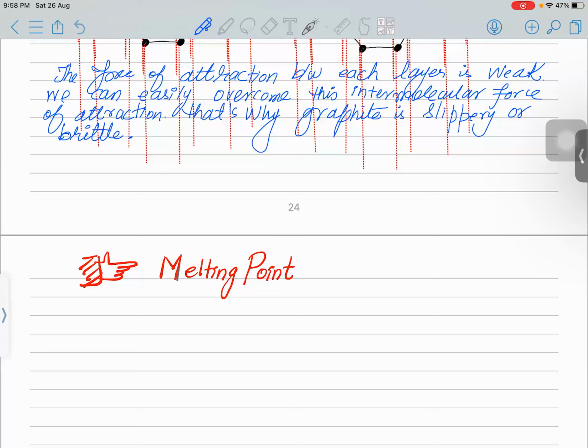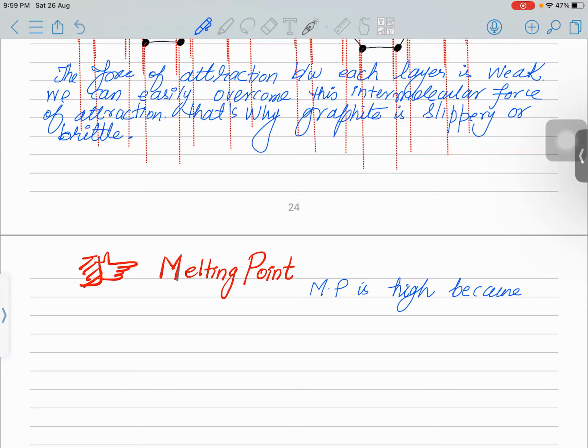So a lot of energy is required to break this covalent bonding. That's why graphite has a high melting point. Can anyone repeat my statement? Sir, graphite has a high melting point because there are a lot of covalent bonds, so it takes a lot of energy for the bonds to break.